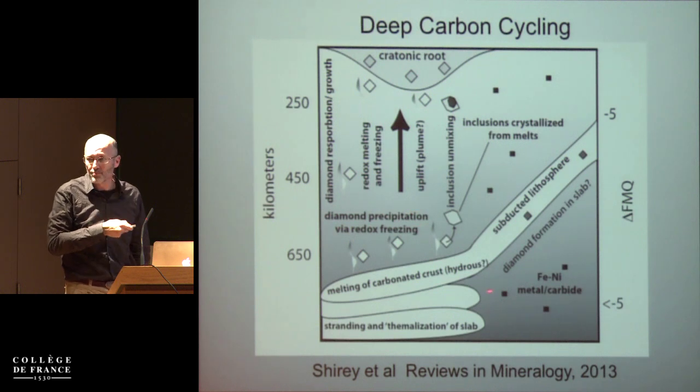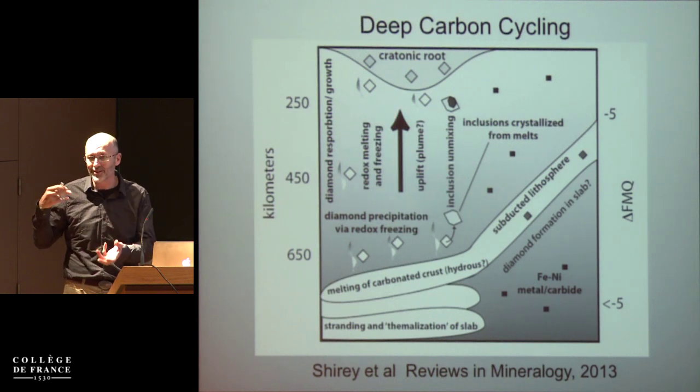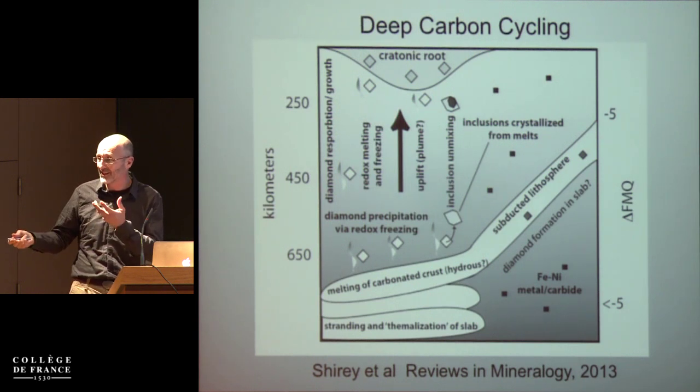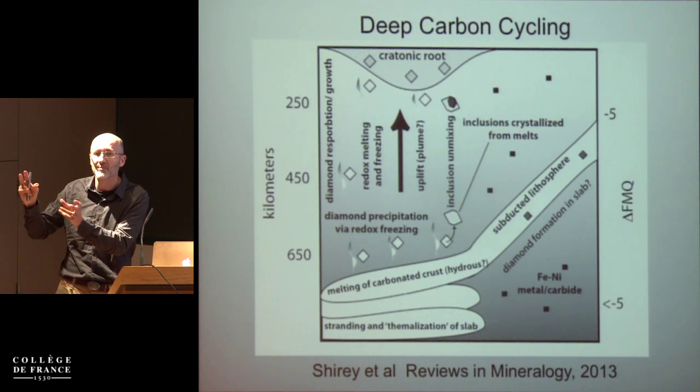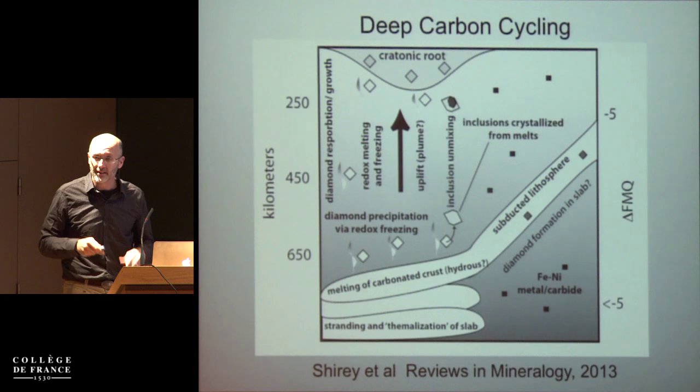And that's one way to get those things up to the base of the lithosphere. And as they go, there'll be redox freezing and redox melting, depending on the very local environment, which may explain the complex structures that we see in the diamonds as well.